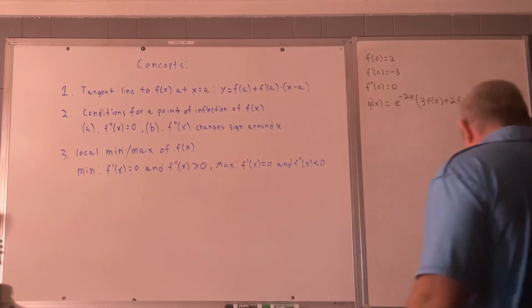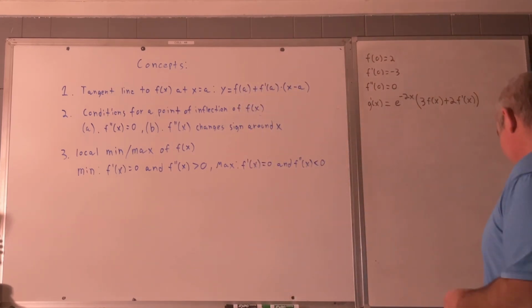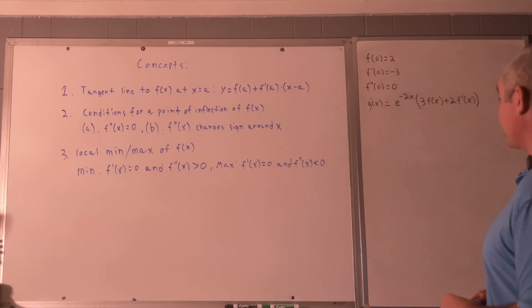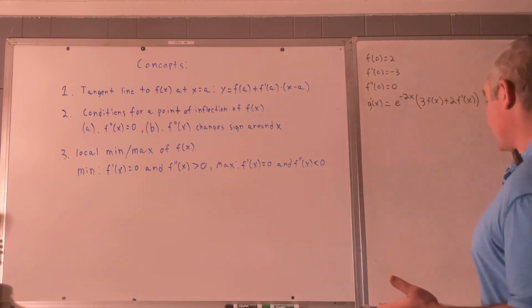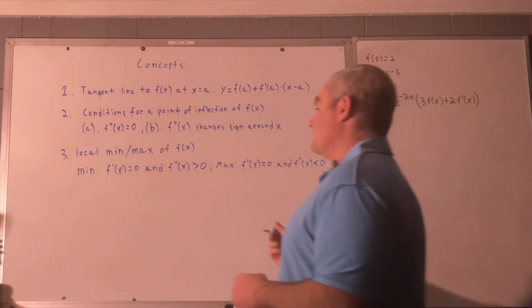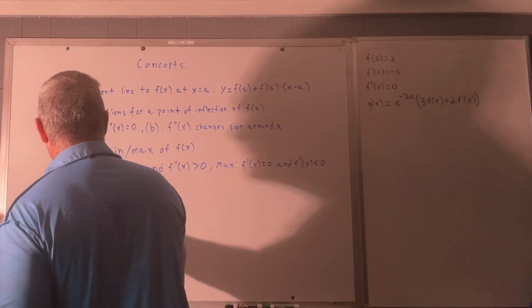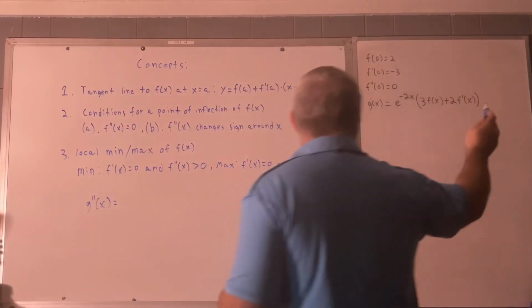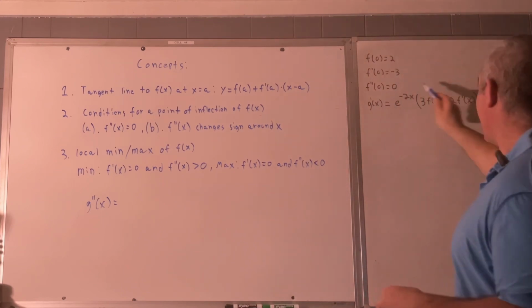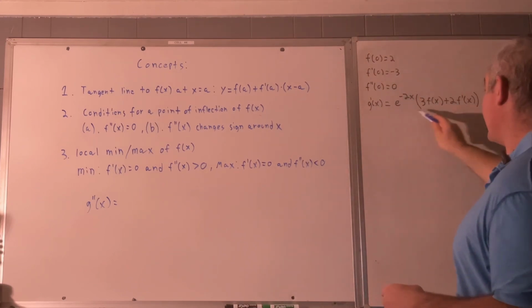All right. So g double prime of x is going to be equal to the derivative of g prime of x, with respect to x, of course. They give us g prime of x. So g double prime of x is equal to the derivative with respect to x of this thing right here.